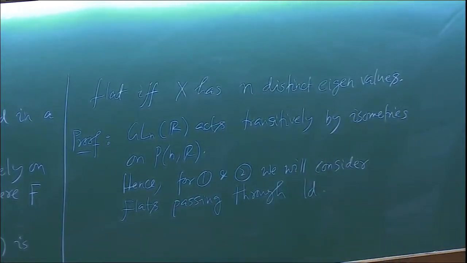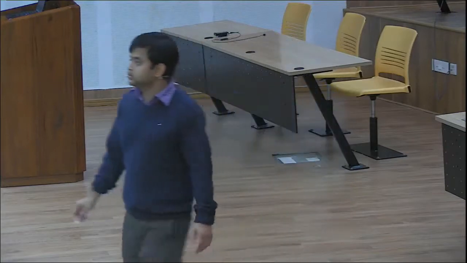Okay, so therefore I have to prove that every flat through identity is contained in a maximal flat. But this lemma and then the note, it implies that any flat is the image under the exponential map of some abelian subalgebra inside S_n(R), right? So we have seen that.